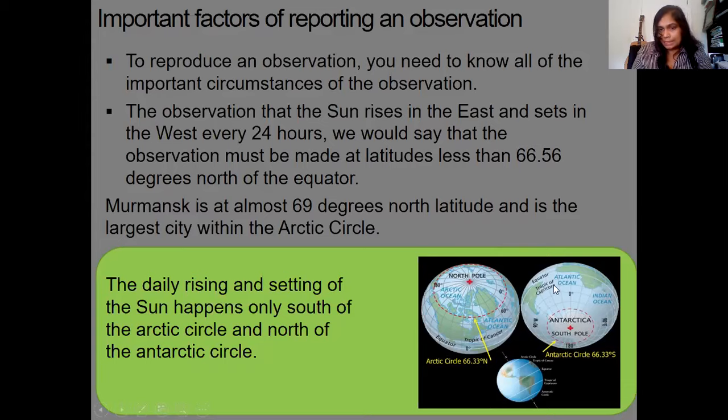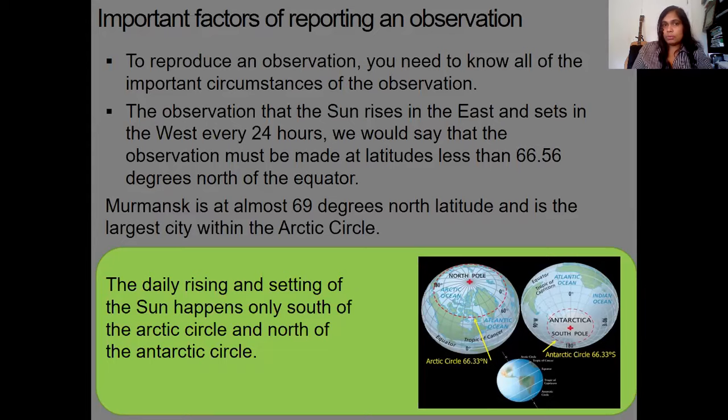In between the Antarctic Circle and the Arctic Circle, we can see sunrises and sunsets within the 24 hour period. But if you go higher, passing the Arctic Circle to the north, or passing the Antarctic Circle to the south, then on some days the people who live there will not observe sunsets at all, or they don't see sunrises at all. So it depends on where you're observing and what time of the year.